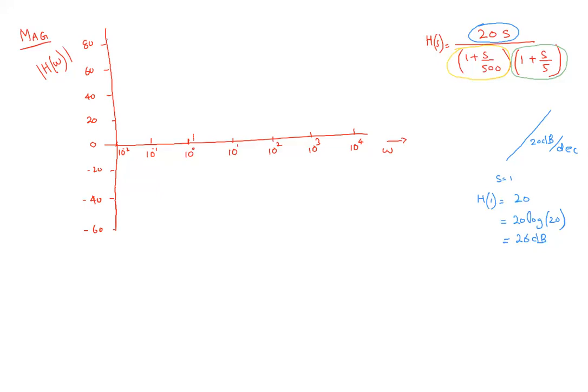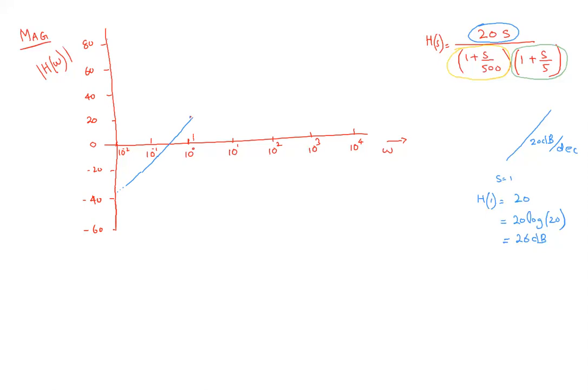I'm just putting some numbers. So at omega equal to 1, this value is somewhere here. I don't know what was happening before, but I know till this point I have something like dotted here, but it's going like this with a slope of 20 dB per decade.